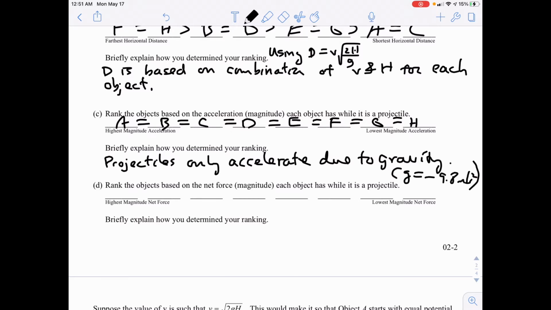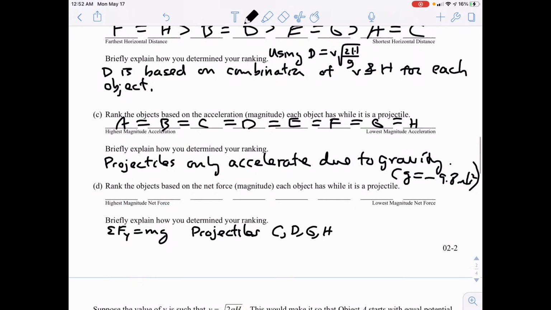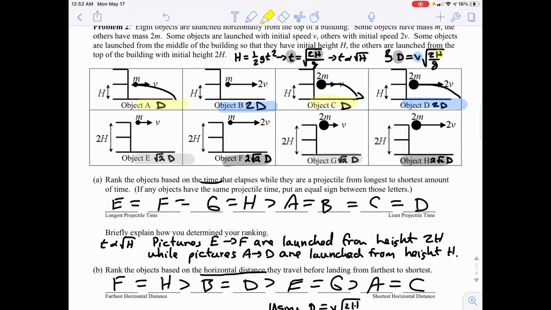Okay, now, a net force in the y direction is equal to mg. G might be constant, but m was not constant. Now is where we have to factor in the mass. So projectiles C, D, G, and H, let's look at that. C, D, G, and H all have twice the mass.